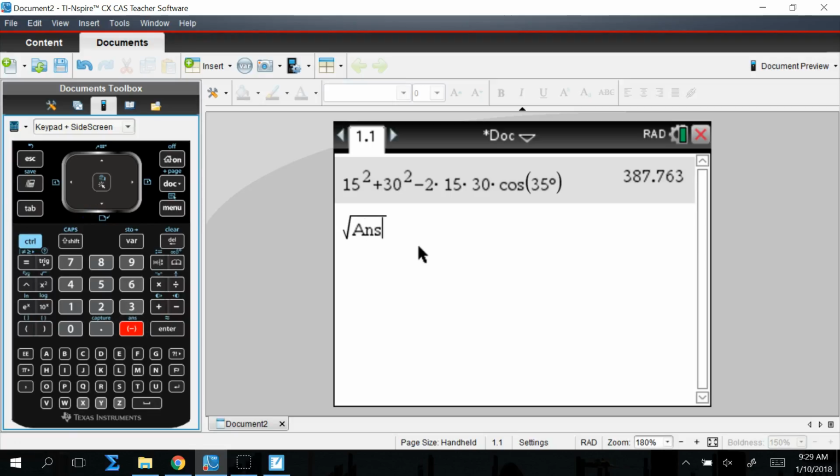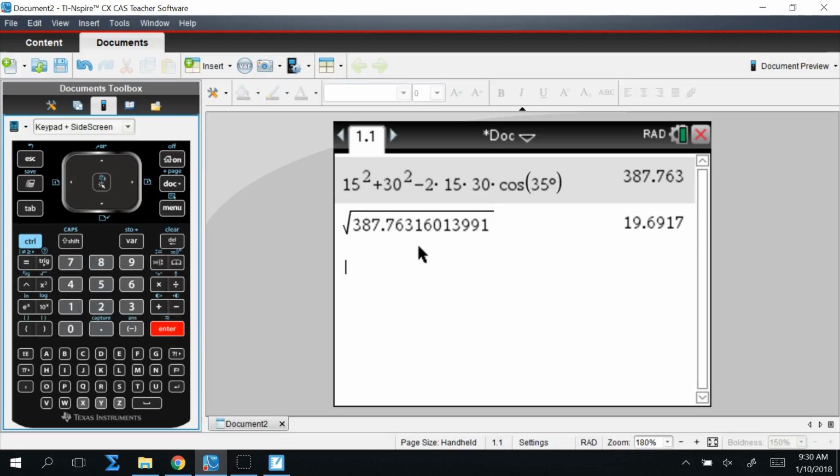By the way, one of the things that you're going to need to know is how to use that answer key on your calculator. Okay? Or that answer button. On Inspires, it's control of the negative key, or you could just scroll up and get it too. Okay?